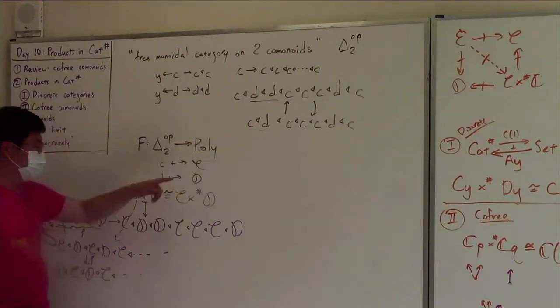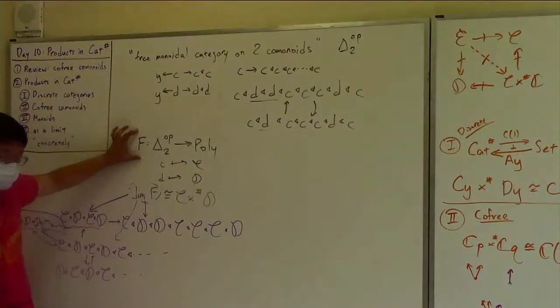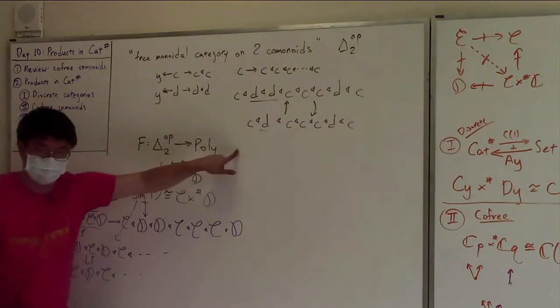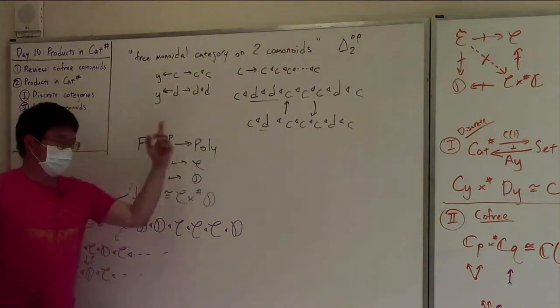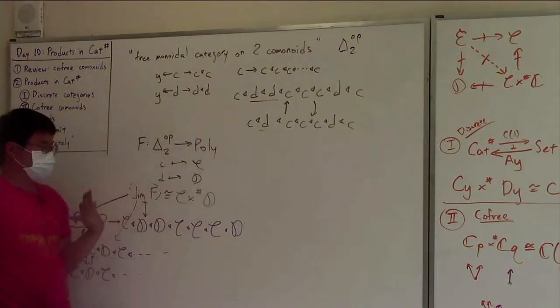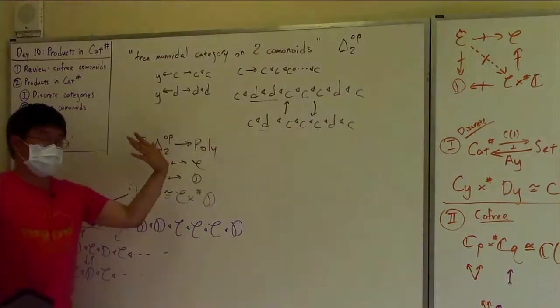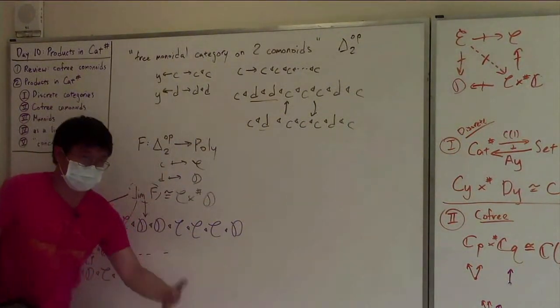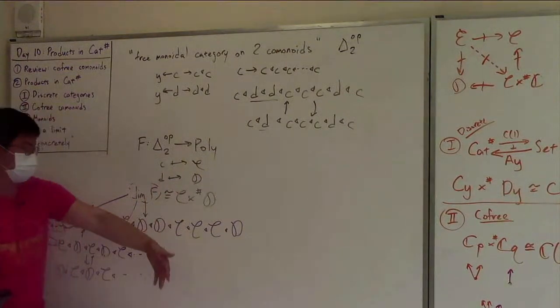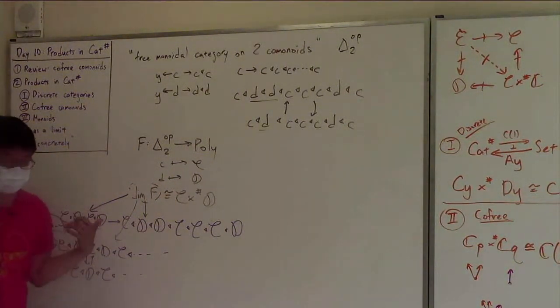So the product of these two categories is actually just the limit of this functor in Poly. And this is a limit in Poly, and so it's going to give us another polynomial. And so it's going to be a pretty natural composition for it, or a co-multiplication for it, and a co-unit for it.